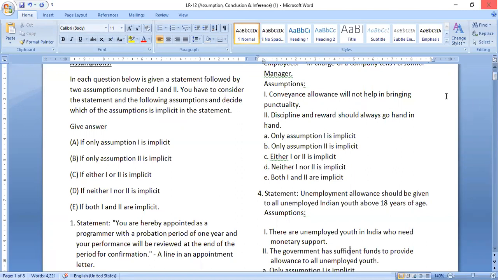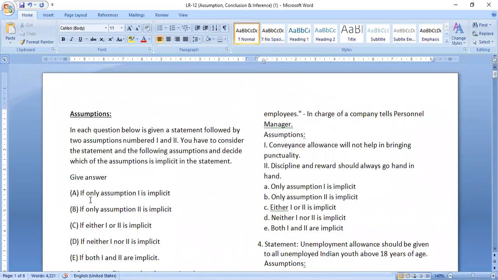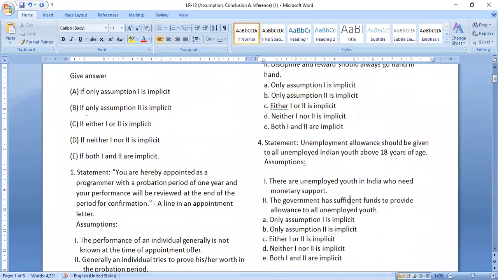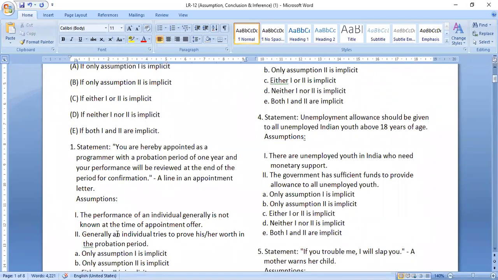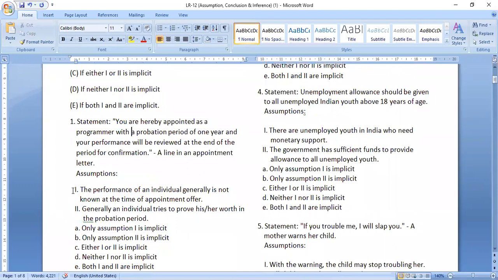So we're looking at statements which may be understood. You have five options, and they give you a statement, or a small dialogue, and then you should look at which of the options are implicit in the statement, meaning from the statement you can understand that this is right. Okay, that's what implicit means.